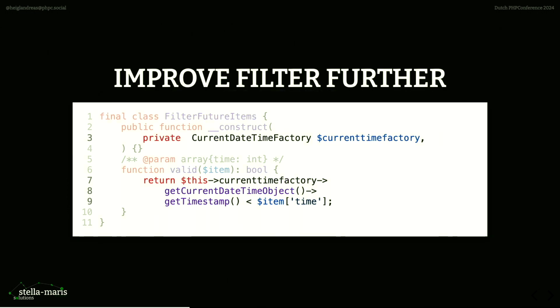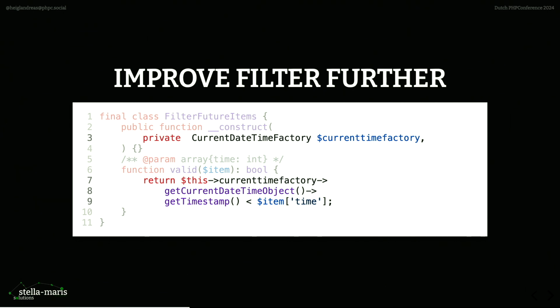And then my filter future item needs to be slightly tweaked, but only slightly. So instead of injecting the actual datetime object, we are now injecting the factory. And in my implementation, in the valid function, we are not using the datetime object directly, but we are calling the factory method to give us the current datetime.